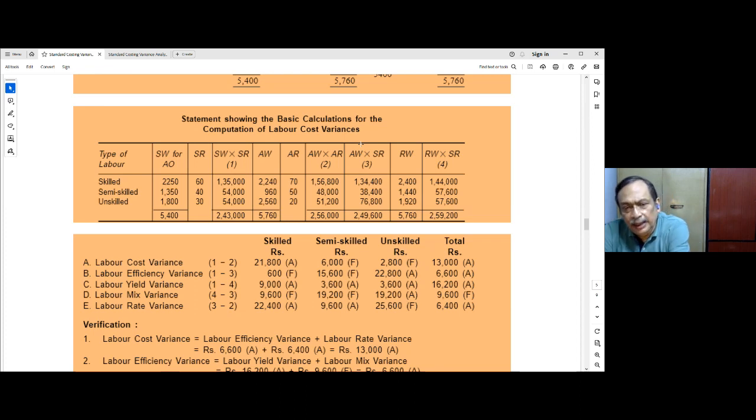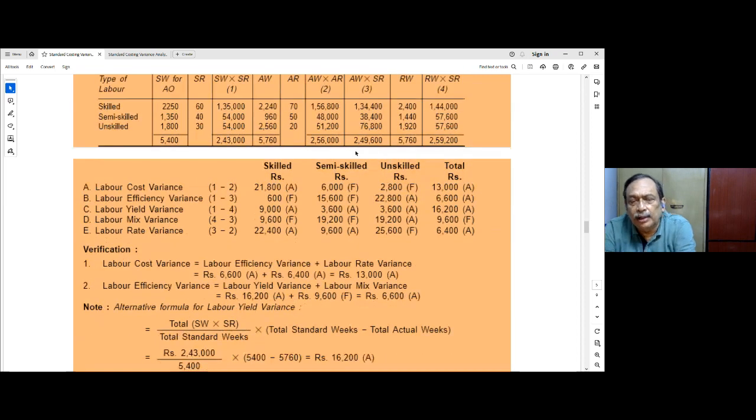That is 4 minus 3. That is 9,600 favorable. 19,200 favorable. Then 19,200 adverse. And total is 9,600 favorable. And finally, labor rate variance is 3 minus 2. So for skilled, it is 22,400 adverse.